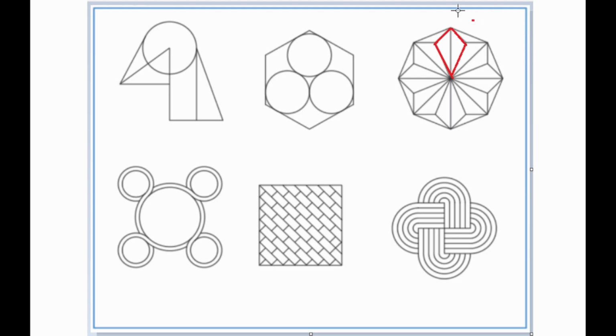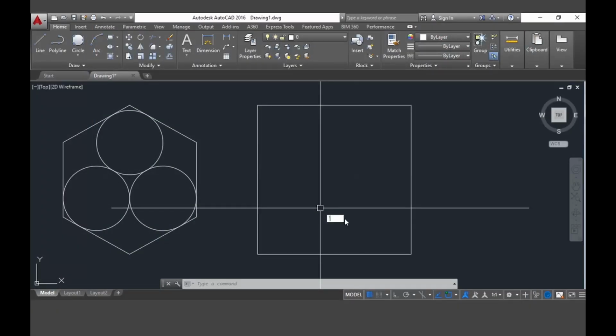By focusing on this part of the figure, we can apply afterwards the array command. It will enable us to have the undone parts of this figure. So let's go back to our AutoCAD and do the third figure.